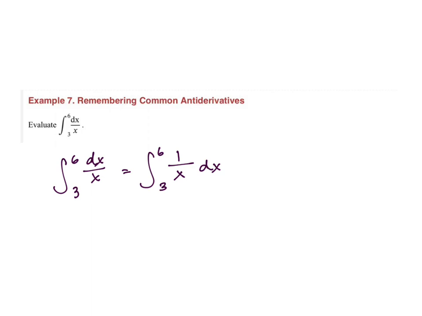So this is going to equal natural log x evaluated on the interval from 3 to 6. Okay, so we're looking at natural log of 6 minus natural log 3.